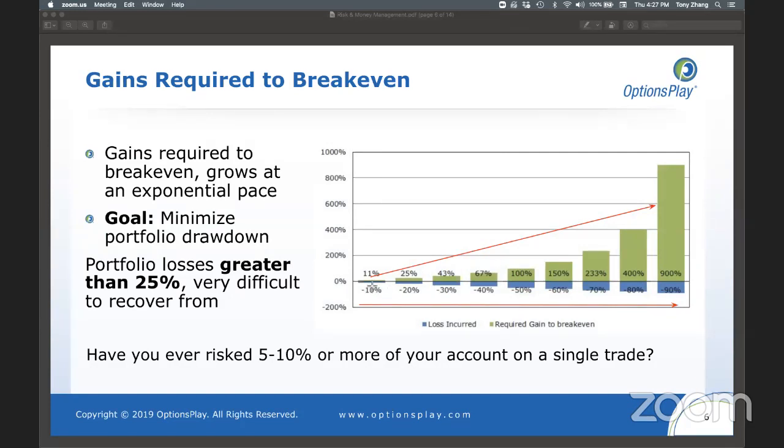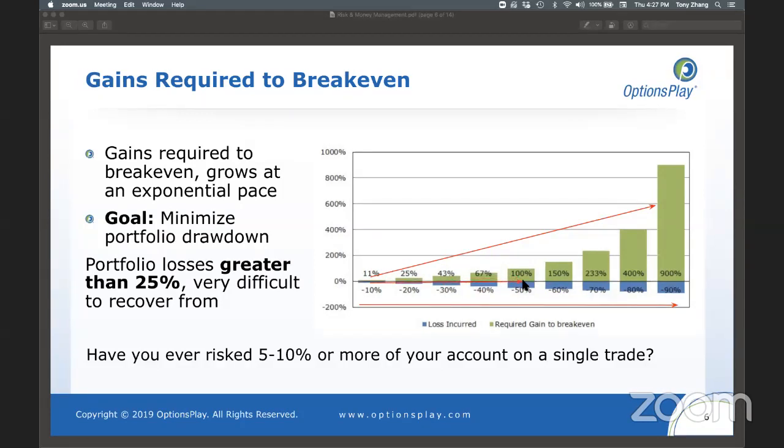At 10% loss, if you lose 10% of your portfolio, it only requires an 11% gain to get yourself back to break even. So that's almost equal to the amount that you've lost. At 20%, you need a 25% gain to get yourself back to break even. But as you can see, once you get to 30 or 40%, you need almost double the gains just to get yourself back to break even.